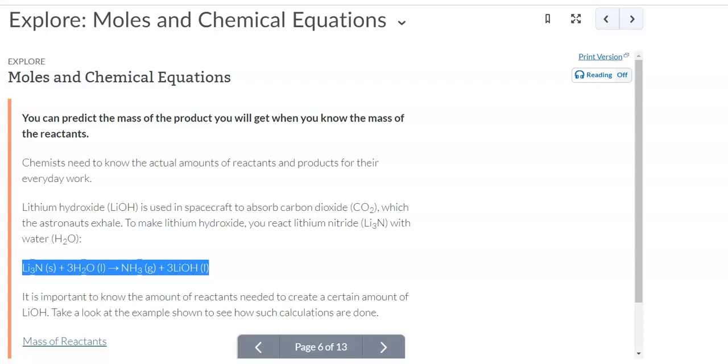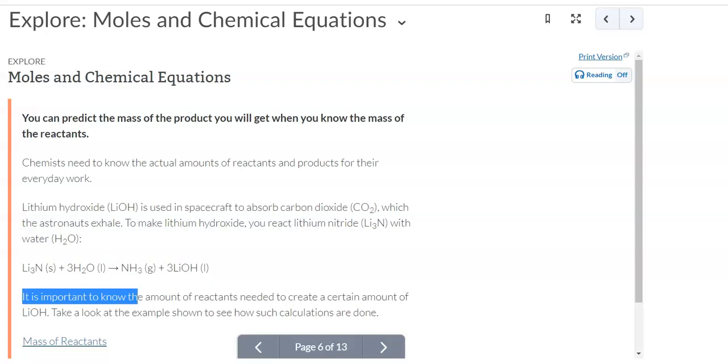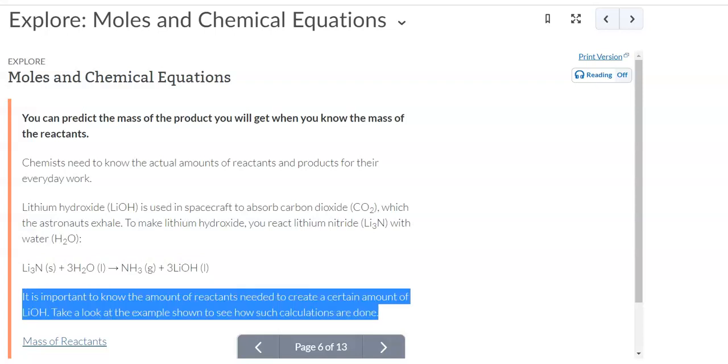A mole of solid ammonia and 3 moles of liquid lithium hydroxide. It's important to know the amount of reactants needed to create a certain amount of lithium hydroxide, right? We have to make the lithium hydroxide to absorb the carbon dioxide, so we need to know the amounts. Take a look at the example shown to see how such calculations are done.